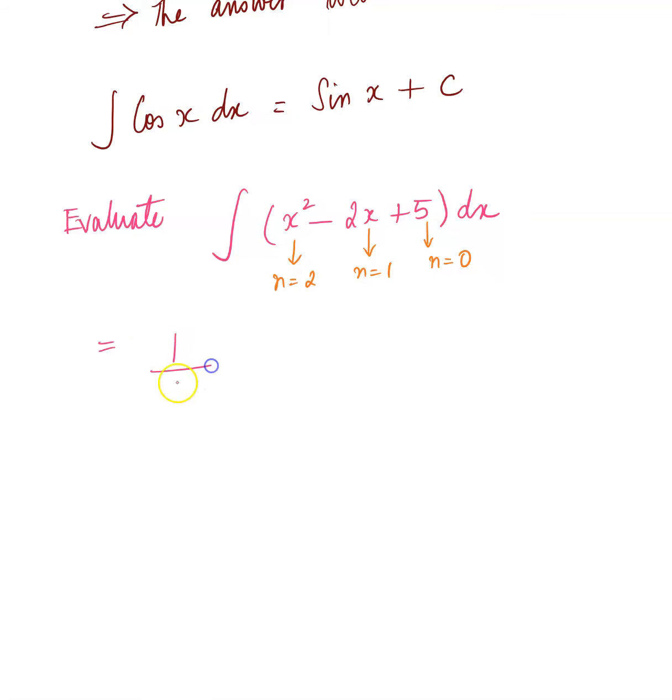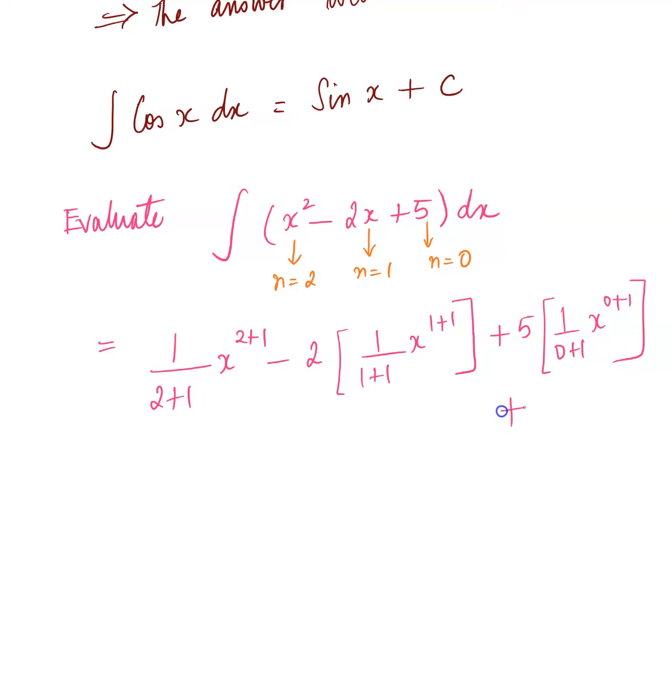So we now have 1 over 2 plus 1 x power 2 plus 1, minus 2 times 1 over 1 plus 1 x power 1 plus 1, plus 5 times 1 over 0 plus 1 x power 0 plus 1, of course plus c.